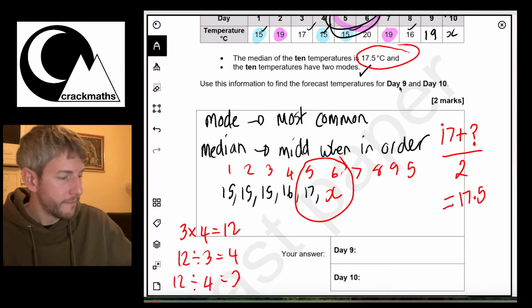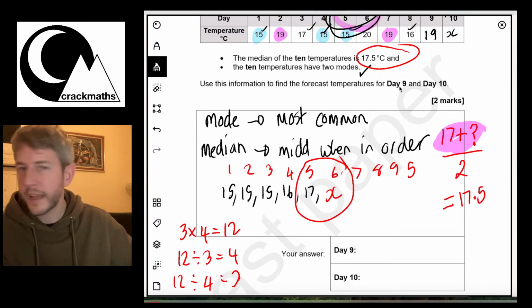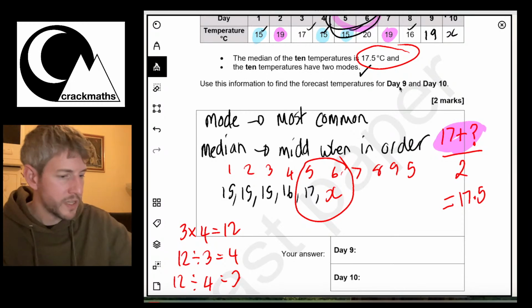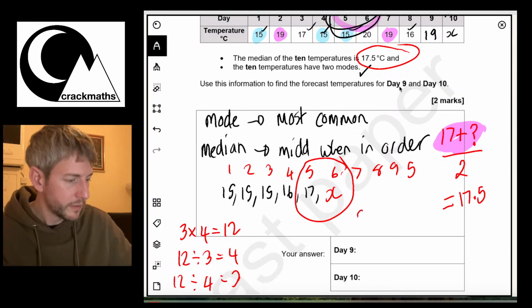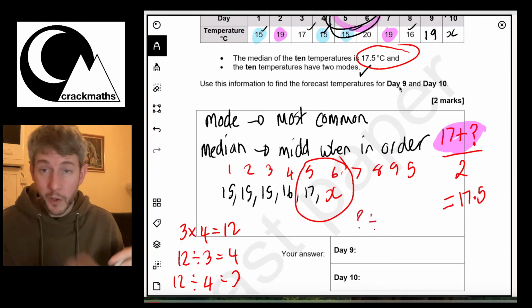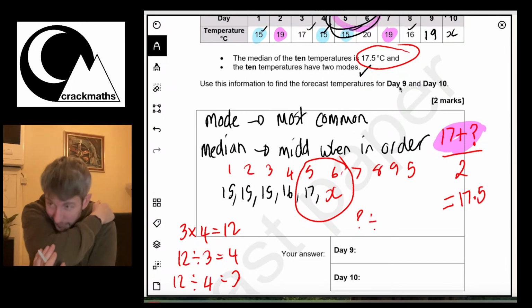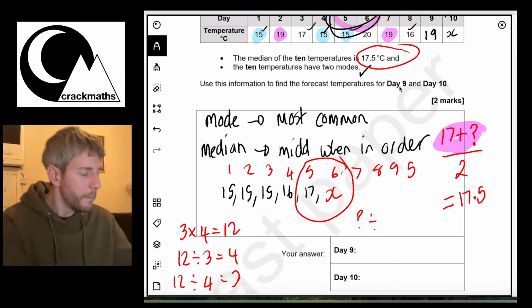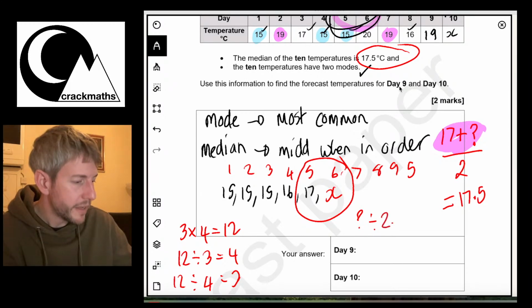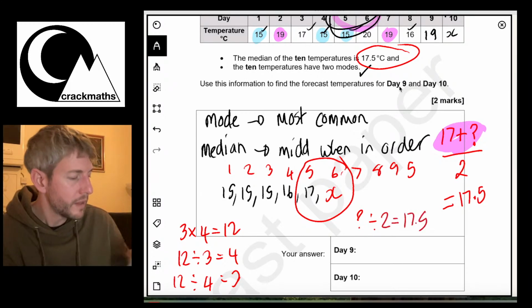So I know here that something, ignore that it's this 17 plus question mark, but some number divided by 2 equals 17.5.